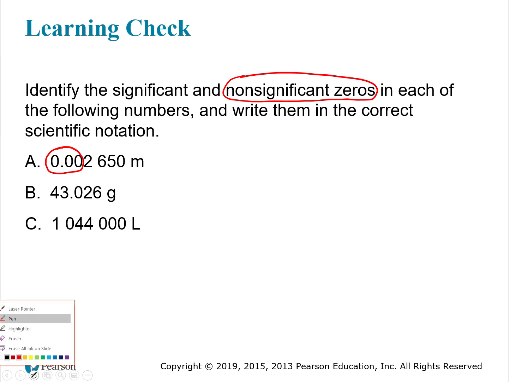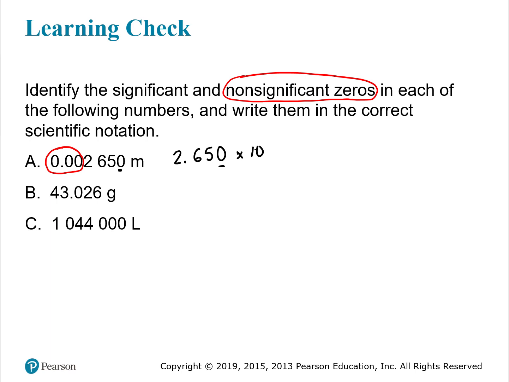So when we write this in scientific notation, notice I included this last 0 because that one is significant. That's how we would write that number. So this 0 is significant.